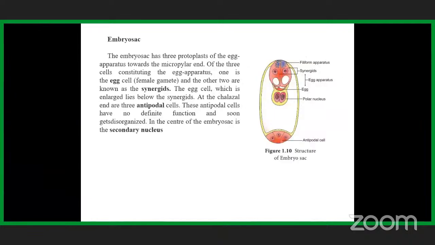Whereas in the microsporangium, we studied the endothecium, the outer layer of the microsporangium. Here, some of the integumentary part forms a nutritious layer that is called endothelium or ovular tapetum. That is there in the ovule.